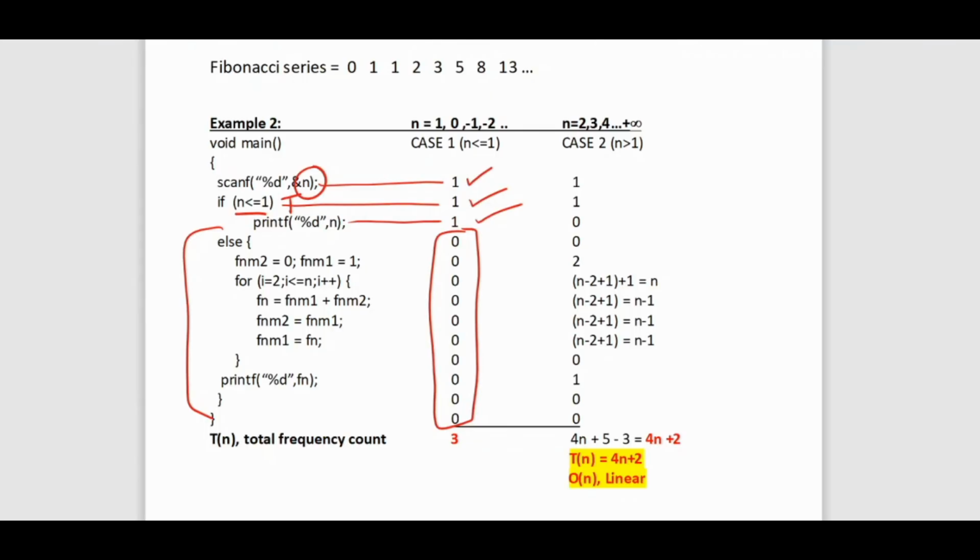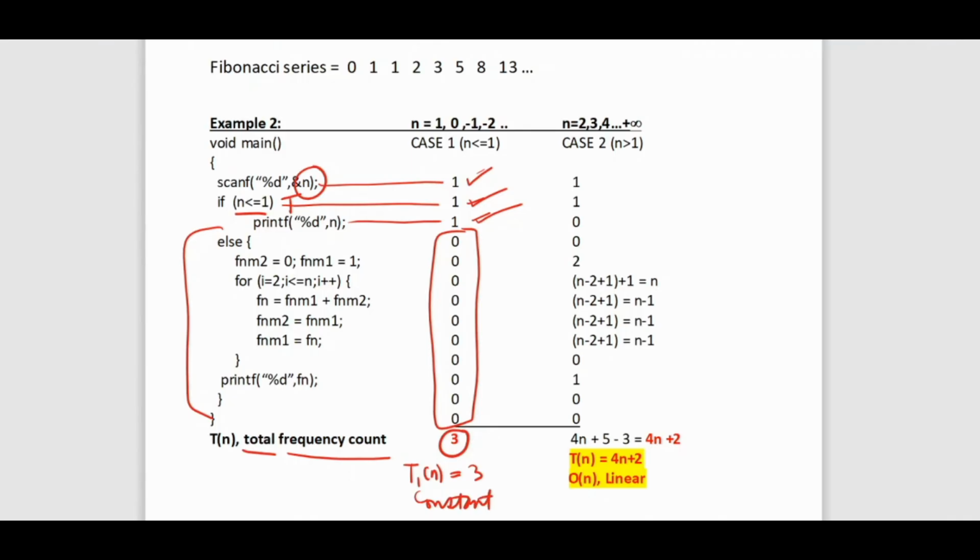If we get the total frequency count, meaning you add the frequency counts of all the statements, you have 1 plus 1 plus 1, you have 3. Let's say we call this T1 of n. The first total frequency count is equal to 3, which is a constant.